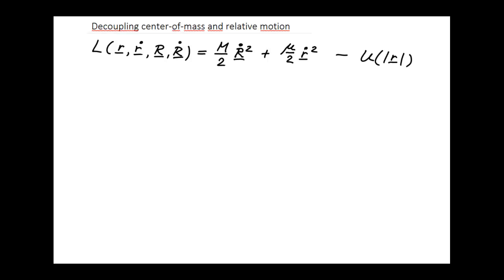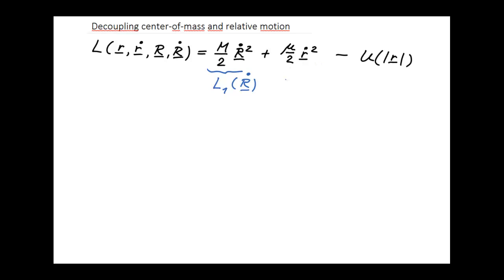There's one term, this one here, which depends only on center of mass coordinates or their velocities. You can view that as the Lagrange function L1 of the center of mass.